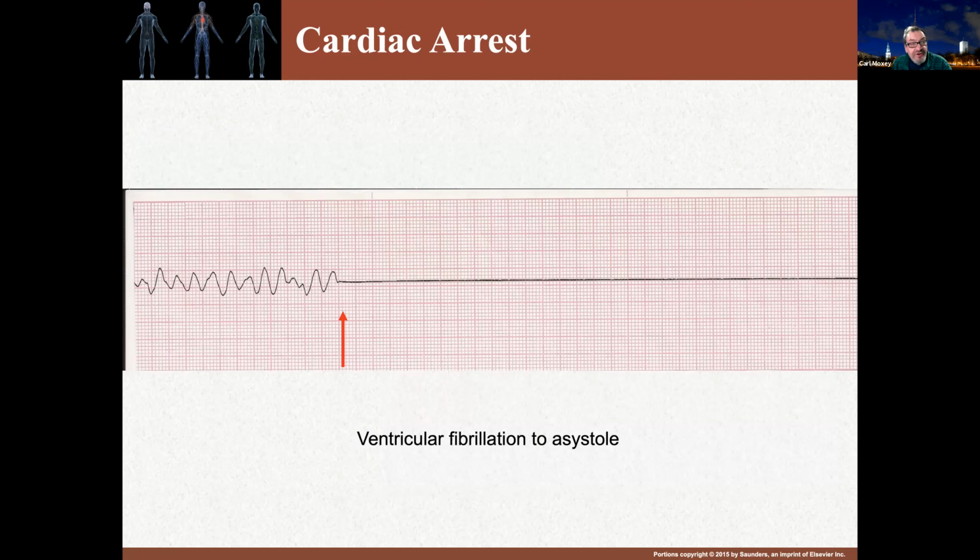There is absolutely no cardiac activity in asystole. So with zero cardiac activity, you get no impulse generated, and therefore neither the atria nor the ventricles are going to contract, so you have no blood flow. And you can classify asystole as being primary or secondary.